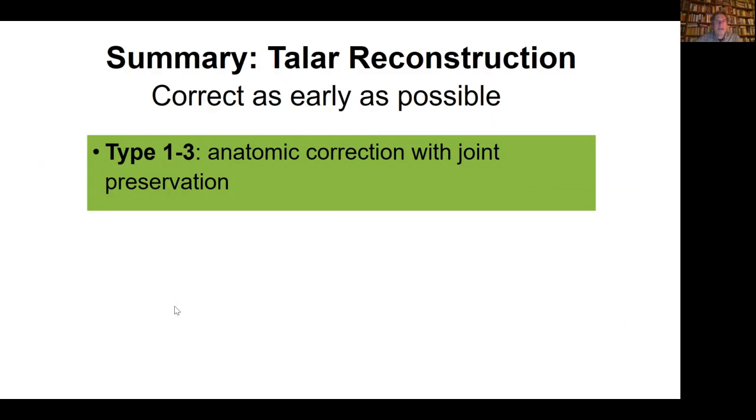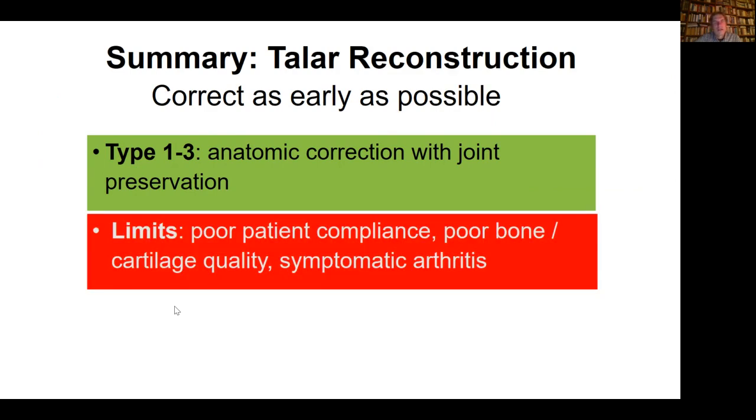So to sum up, it is, of course, always good to try to save as much joint function as possible after talar malunions, which is not always possible. You have to go early because it is not possible if there's already symptomatic arthritis. It is also not advisable in patients with poor compliance because they don't benefit from joint preserving procedures, and also if they don't comply with your post-op regimen, then probably they end up worse than they started.